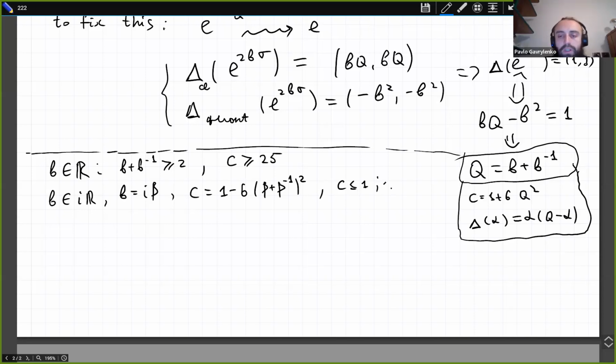And if we say that beta is the square root of p over q, then c equals 1 minus 6 (p minus q) squared over pq.